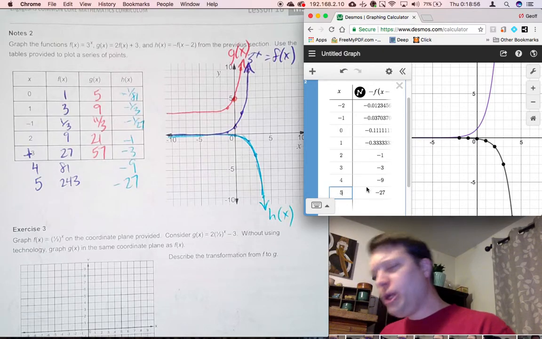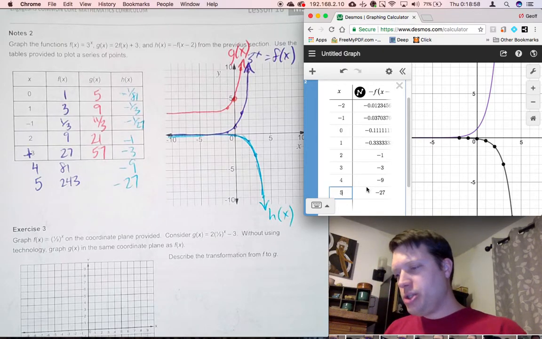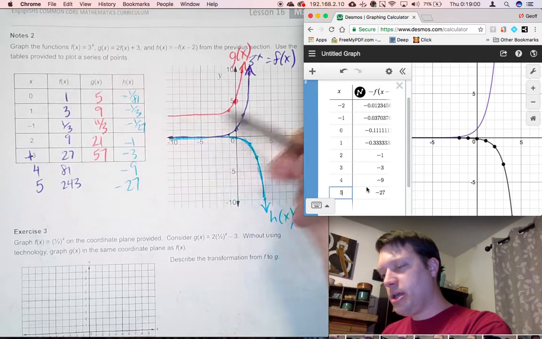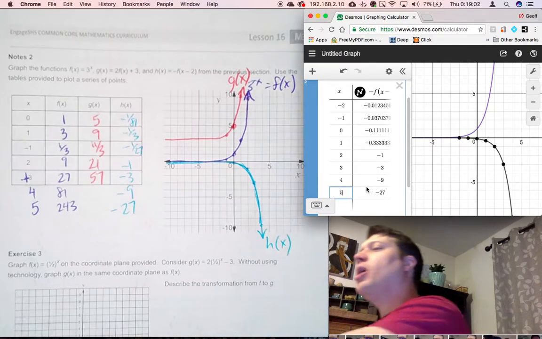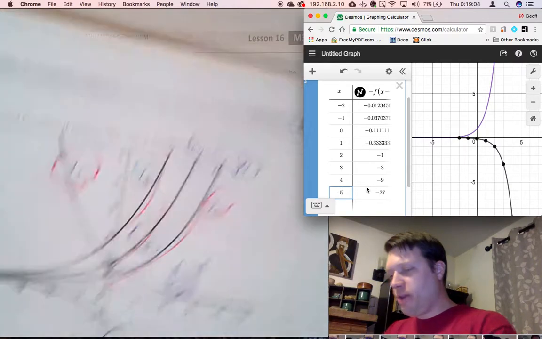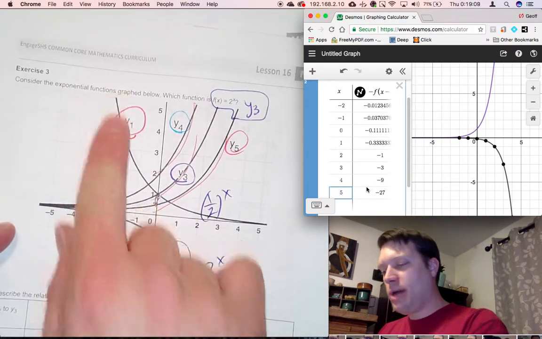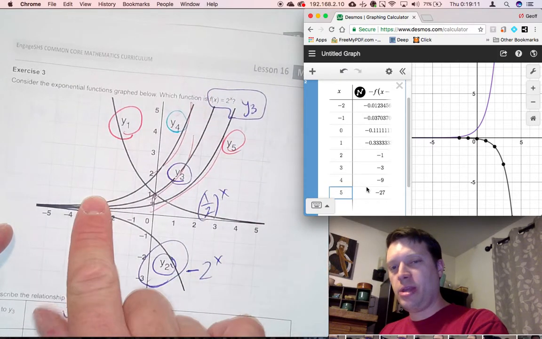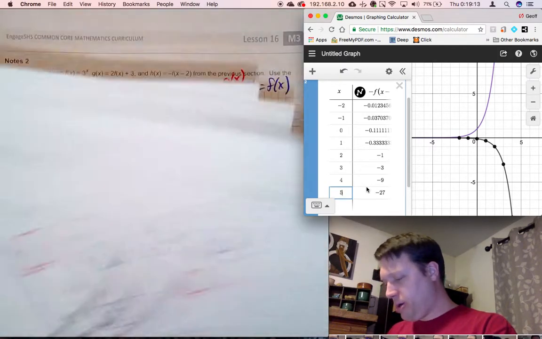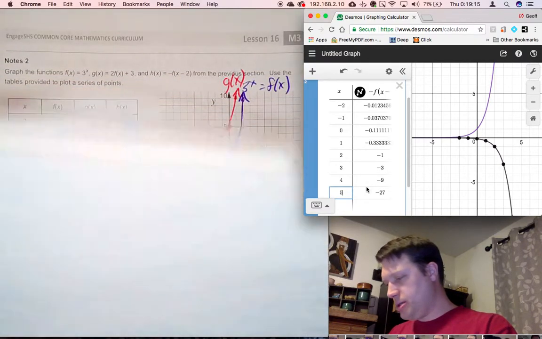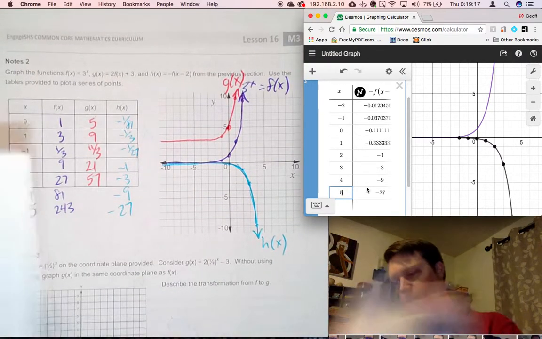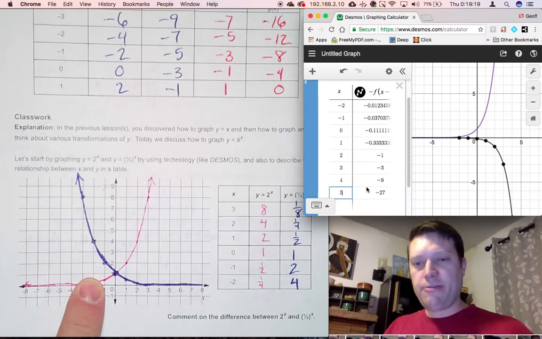So if we know what g of x looks like, and we know from the work we did on the previous page that y sub 1 and y sub 3 were just flips of each other, a better picture is here, how we have flips of each other.